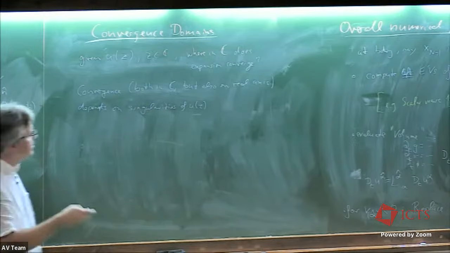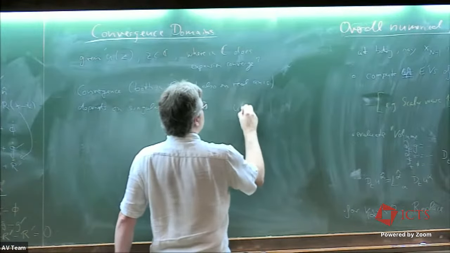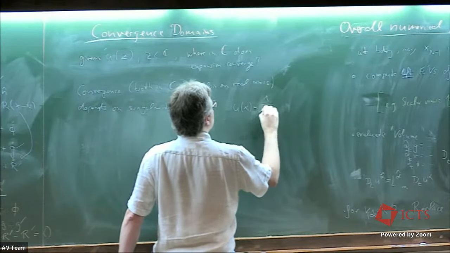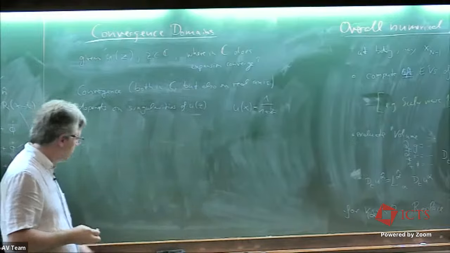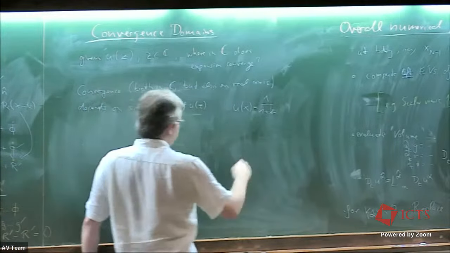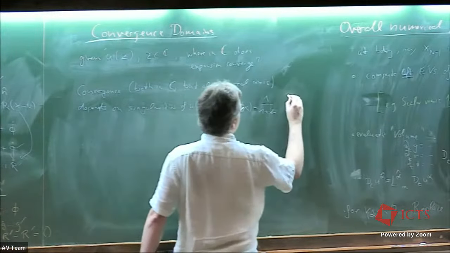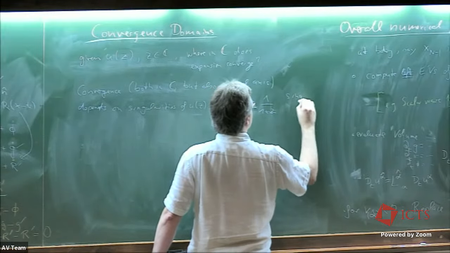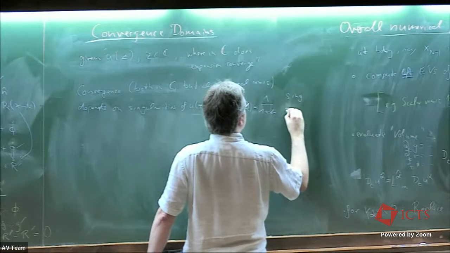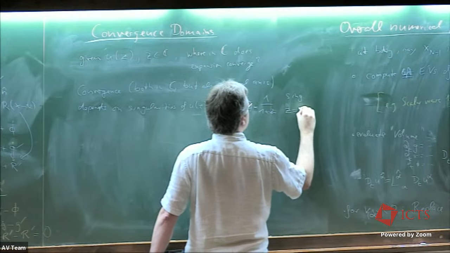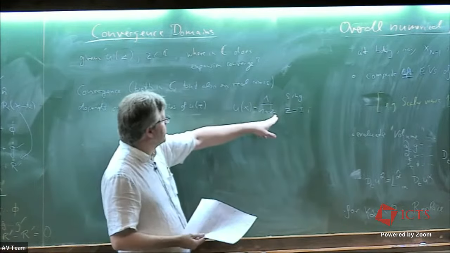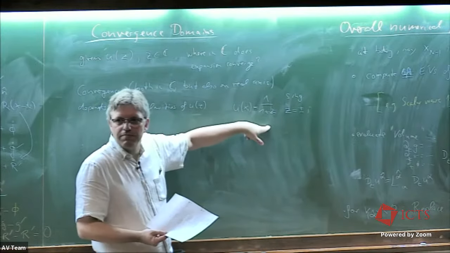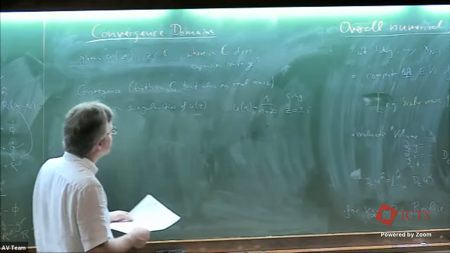So for instance, if I'm thinking about the function u of x equals 1 over 1 plus x squared, well, if you go into the complex plane, you have singularities at z equals plus minus i, because for i, the x squared is minus 1, you get 1 over 0. The function blows up.